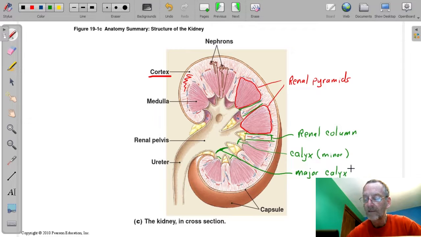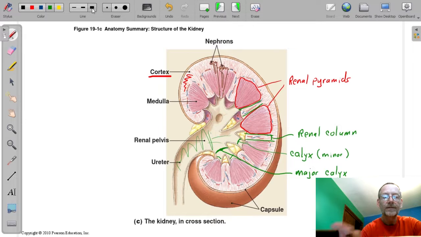So I talk about the calyces of the kidneys, and all of those drain urine into the renal pelvis, which then goes off into the ureter. The capsule is shown. And they are showing some of the nephrons.